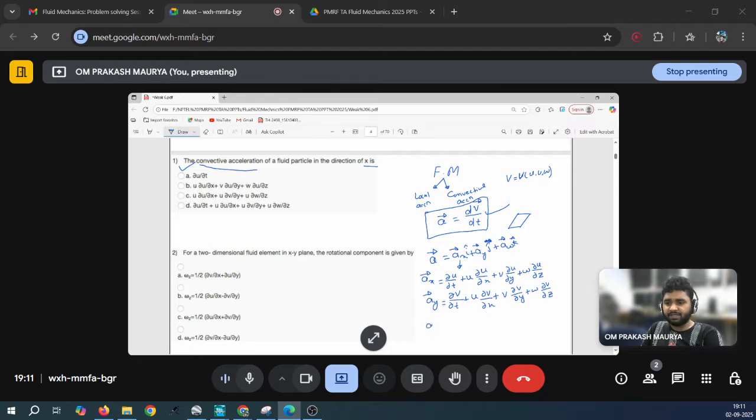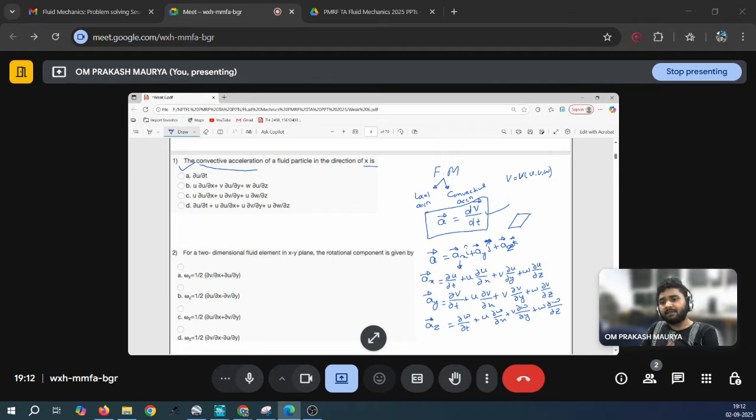Similarly for az: del w by del t plus u del w by del x plus v del w by del y plus w del w by del z. So these three formulas you have for acceleration in separate directions.